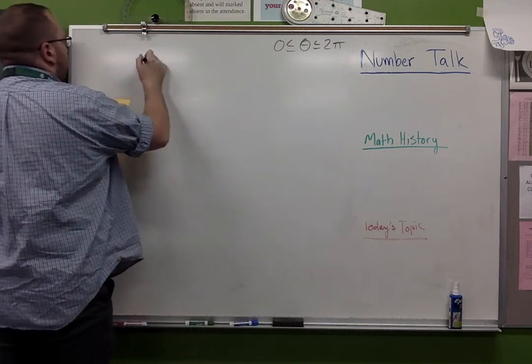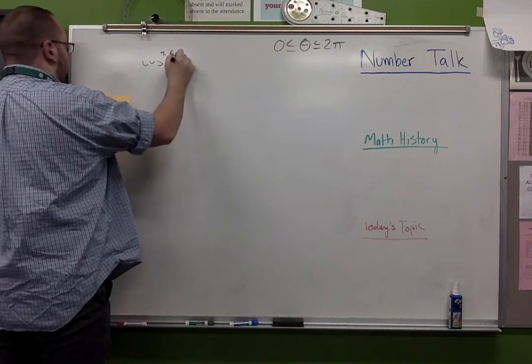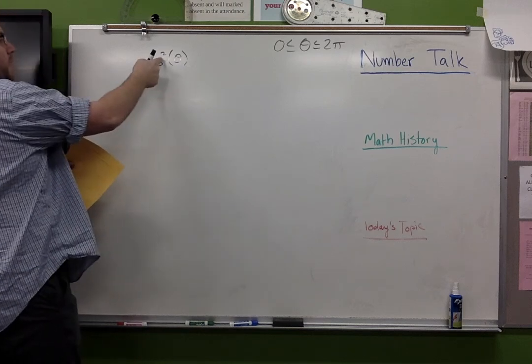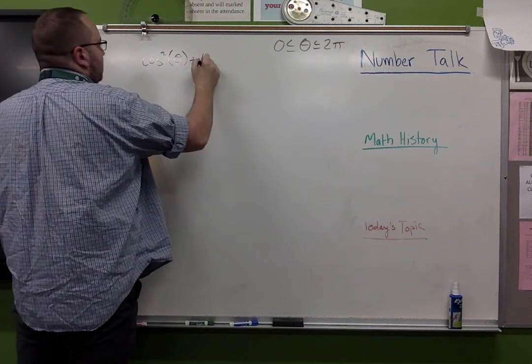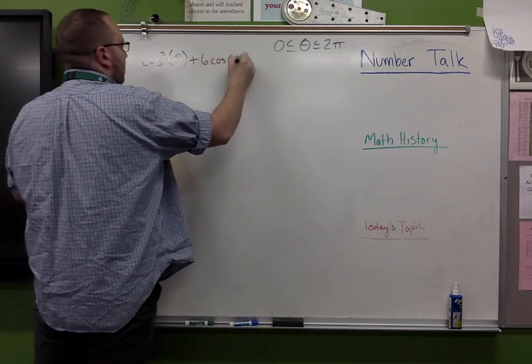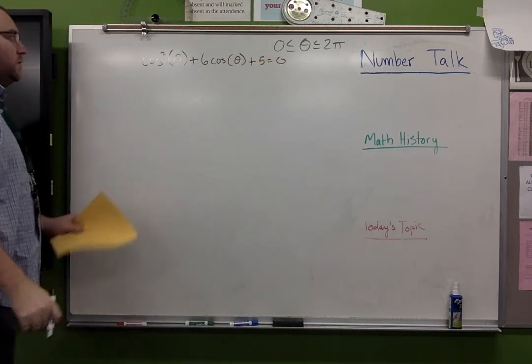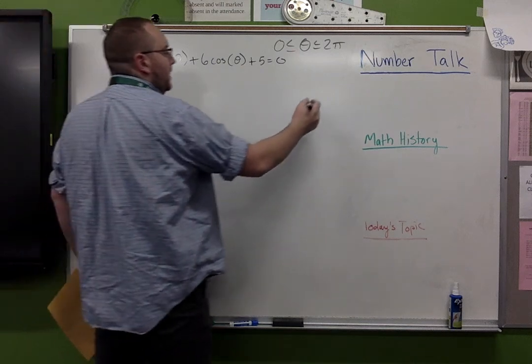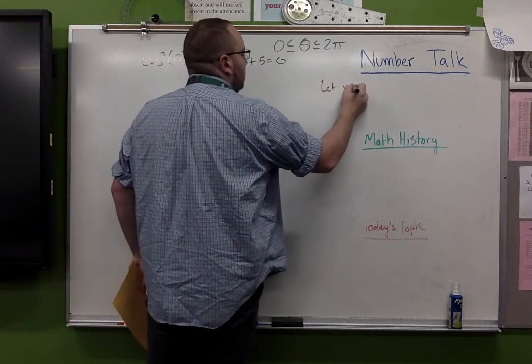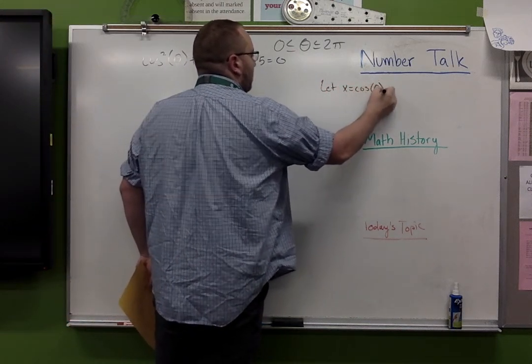So we have cosine squared of theta, this is squared, plus 6 cosine of theta, plus 5 equals 0. It already equals 0, so we're good there. I'm going to say let x equal cosine of theta.